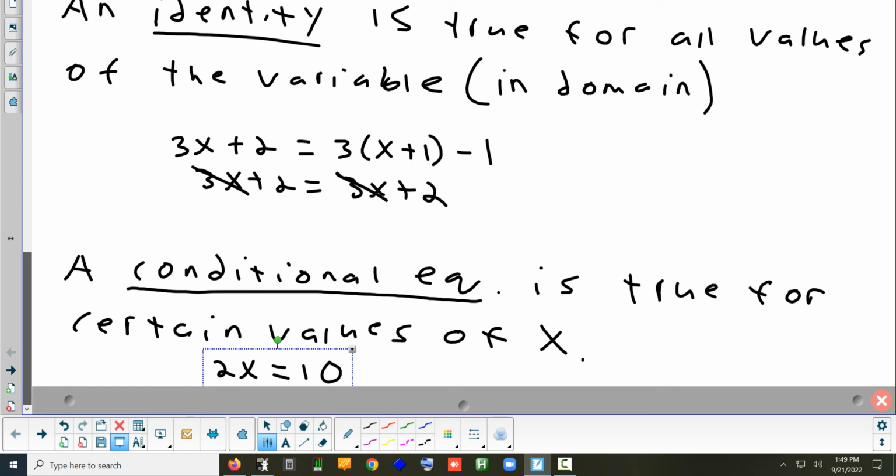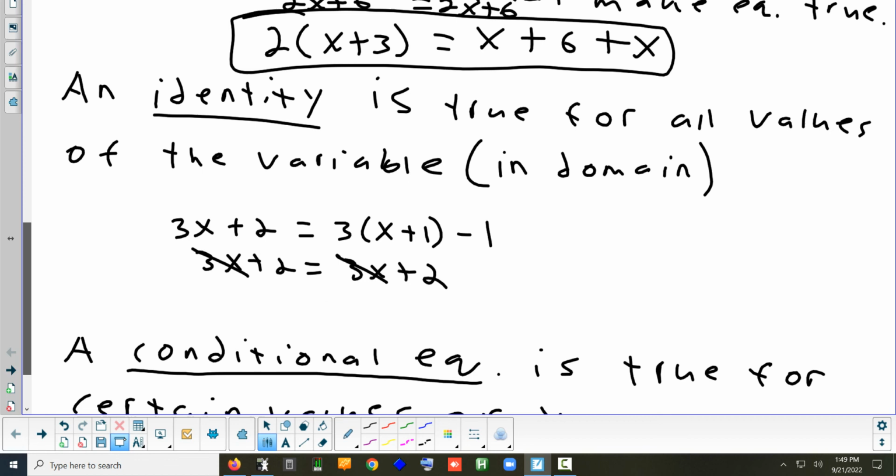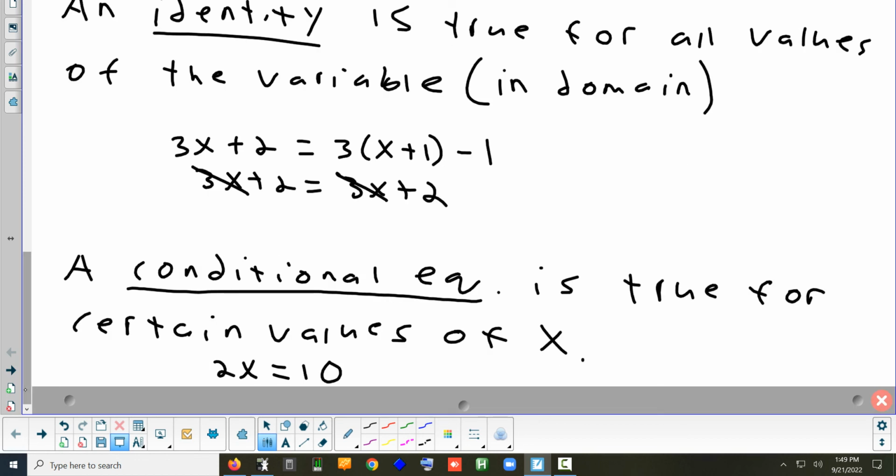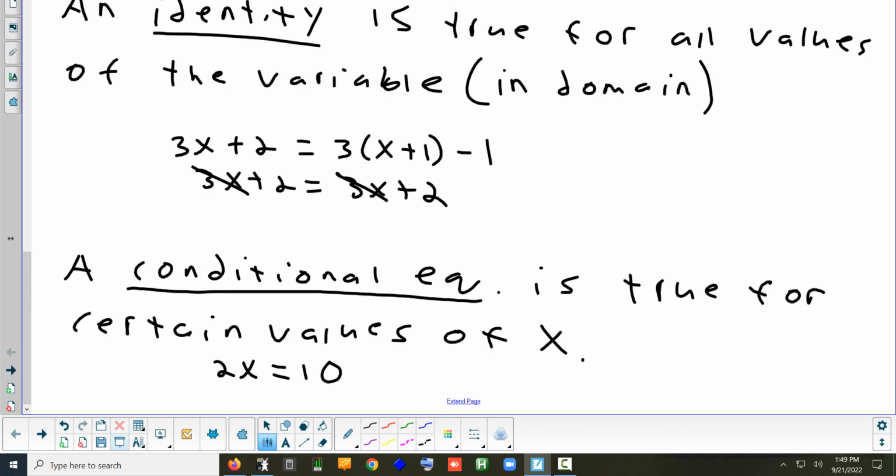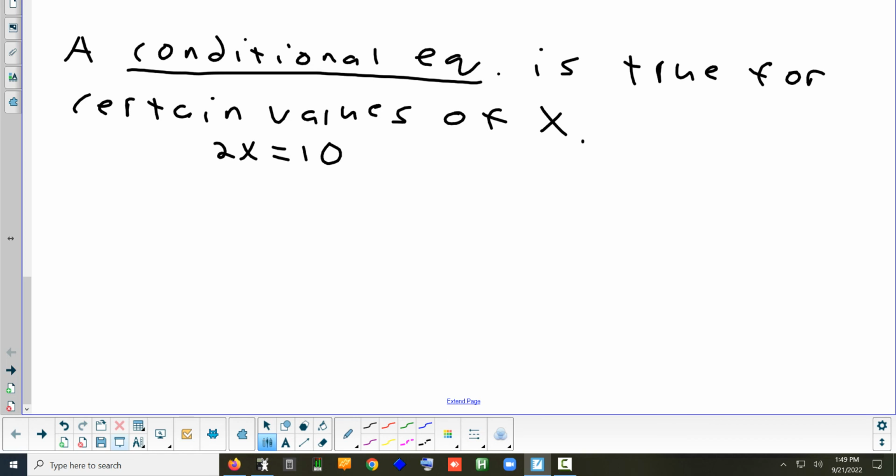The condition is you have to let x equal 5. If you let x equal anything besides 5, it's not true. Any question on that?